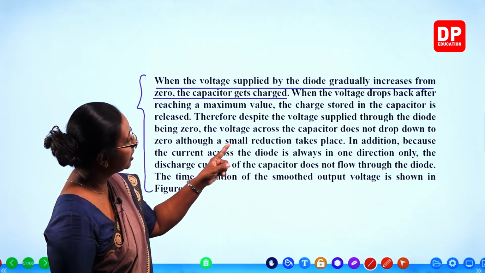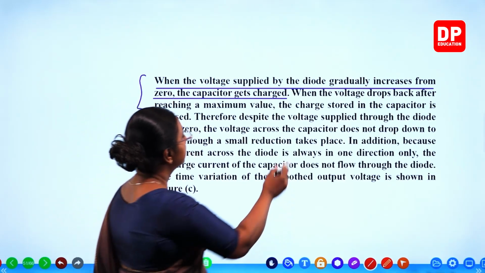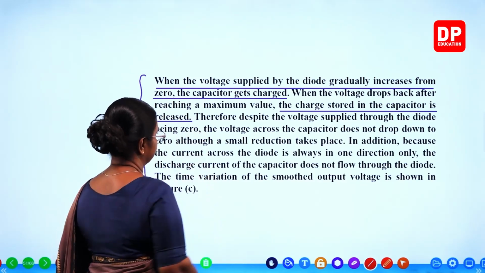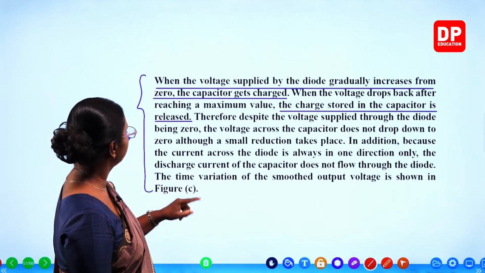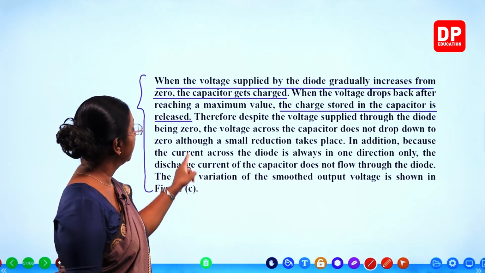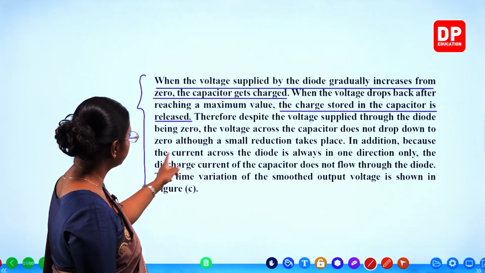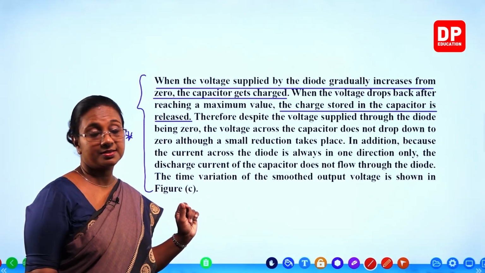And when the voltage drops back after reaching a maximum value, the charge stored in the capacitor is released. Therefore, despite the voltage supplied through the diode being 0, the voltage across the capacitor does not drop down to 0, although a small reduction takes place.